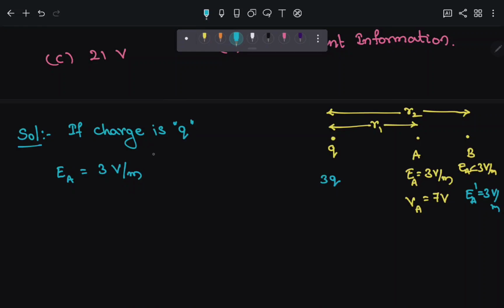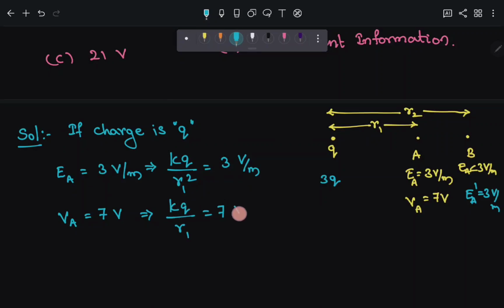So basically this is KQ by R1 square, which is equal to 3 volt per meter. Now VA, which is equal to 7 volt they have given. This implies KQ by R1 is 7 volt.